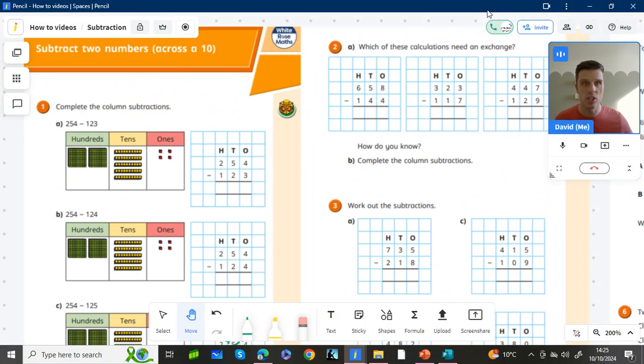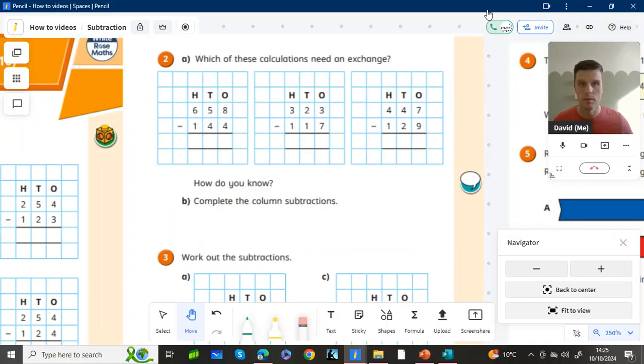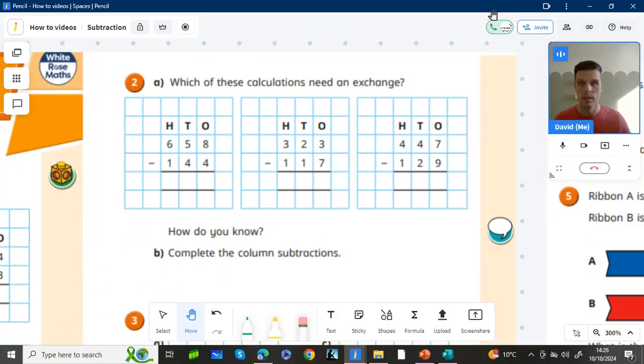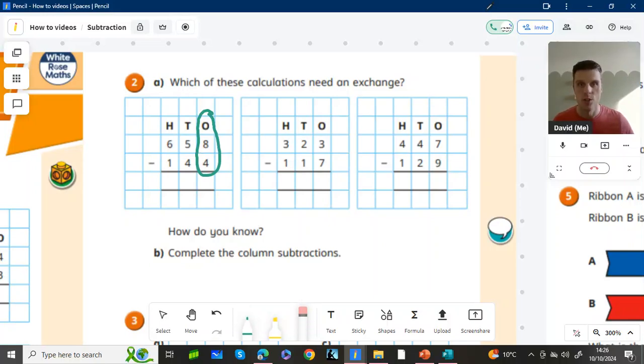Okay, so question 2, it says, which calculations need an exchange? So if we look at these, okay, we're just going to focus on the ones column. And remember, it's always if the top digit is less than the bottom digit underneath it. And we're only looking at the ones column here. So have a look at all 3 and then decide which one needs an exchange.